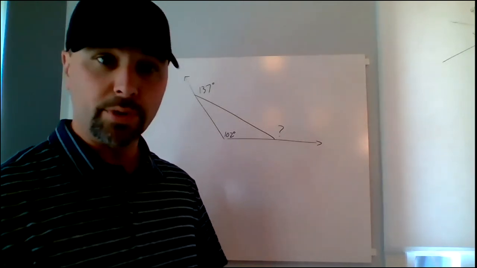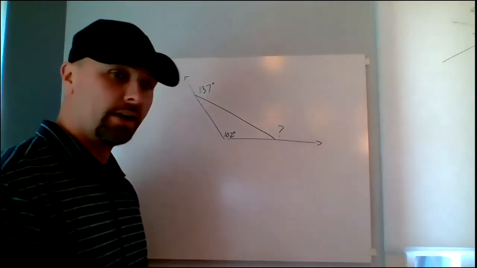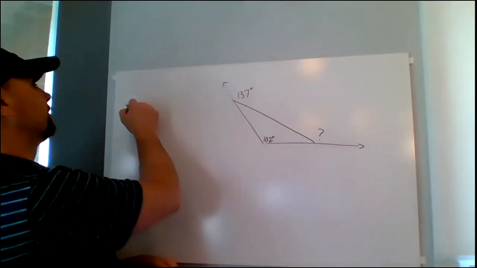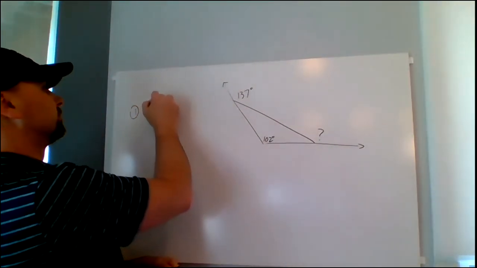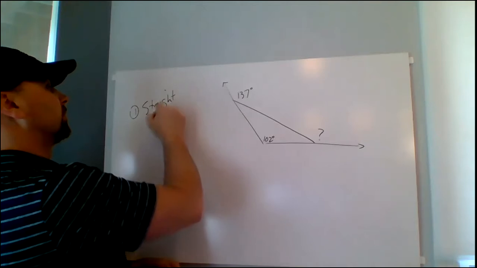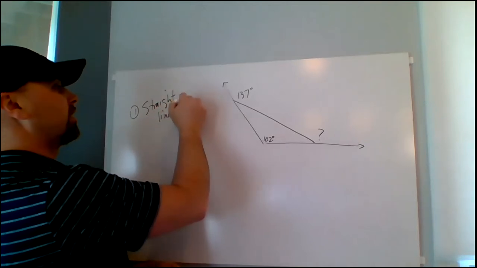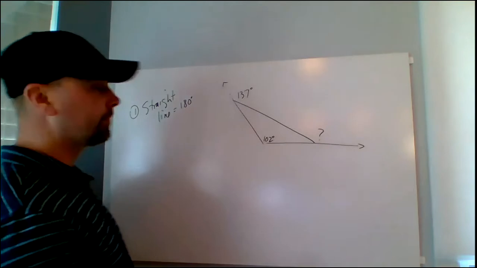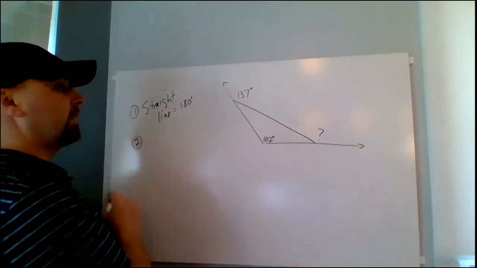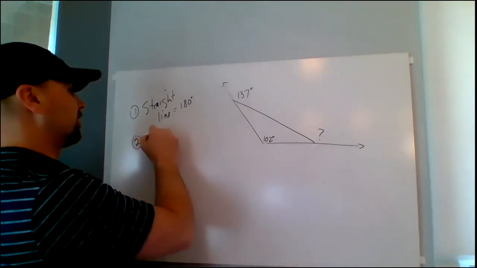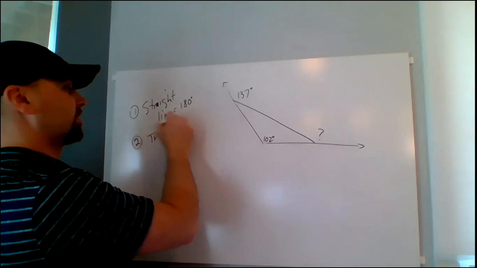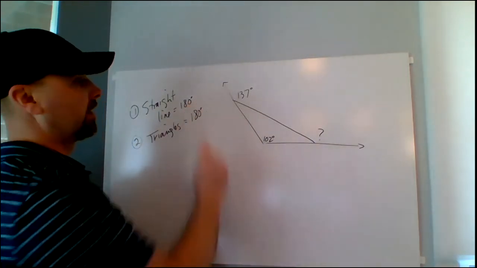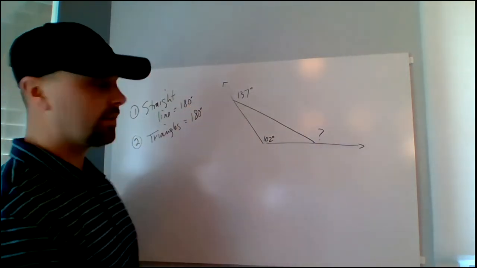Remember, we're working on 3 big ideas here. Number 1, a straight line equals 180 degrees. That's actually how we're going to start this problem. Second big idea to solve these, which is the skill we're working on right now, is that triangles have a total of 180 degrees in them.